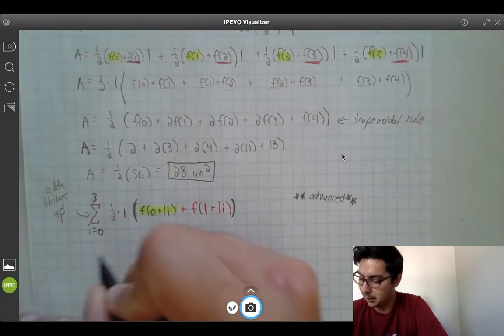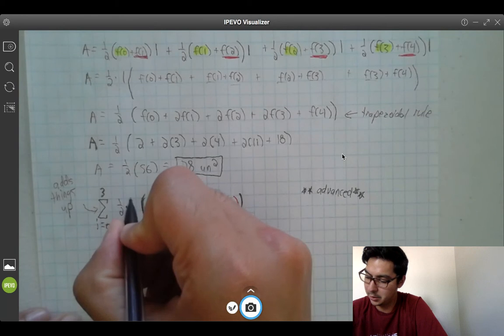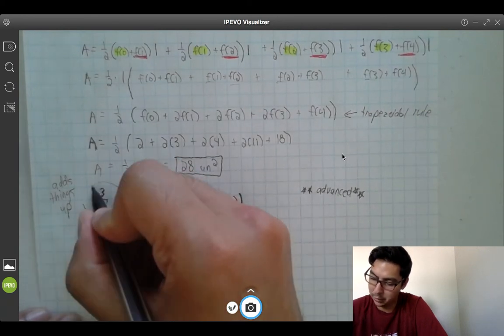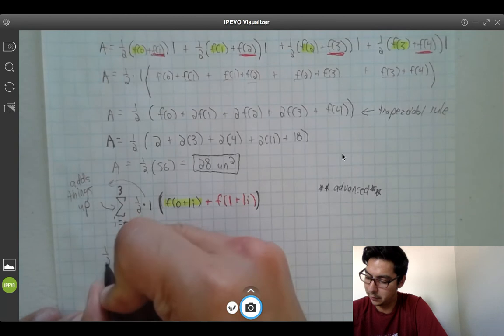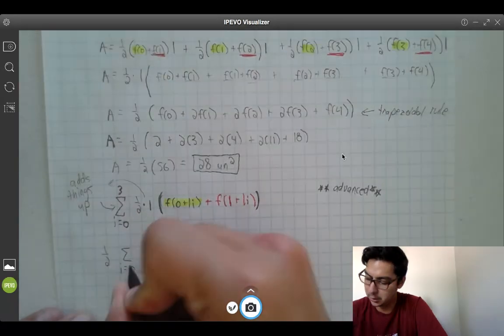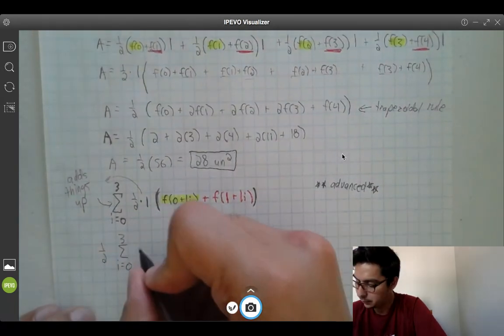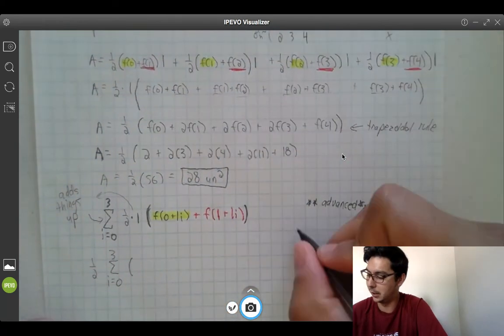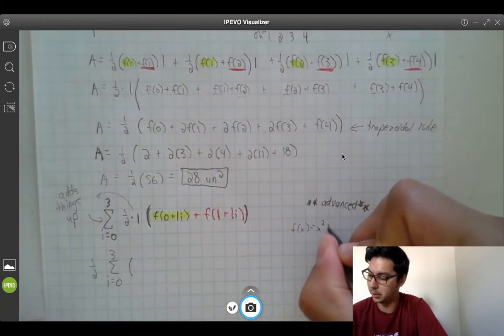If I wanted to simplify it more, a little trick with summations is anything that's multiplying whatever is being added, you can actually pull that out. So I could put the 1/2 in front, and then go i equals 0 to 3. And then if I put this in the function, don't forget that f of x was x squared plus 2.